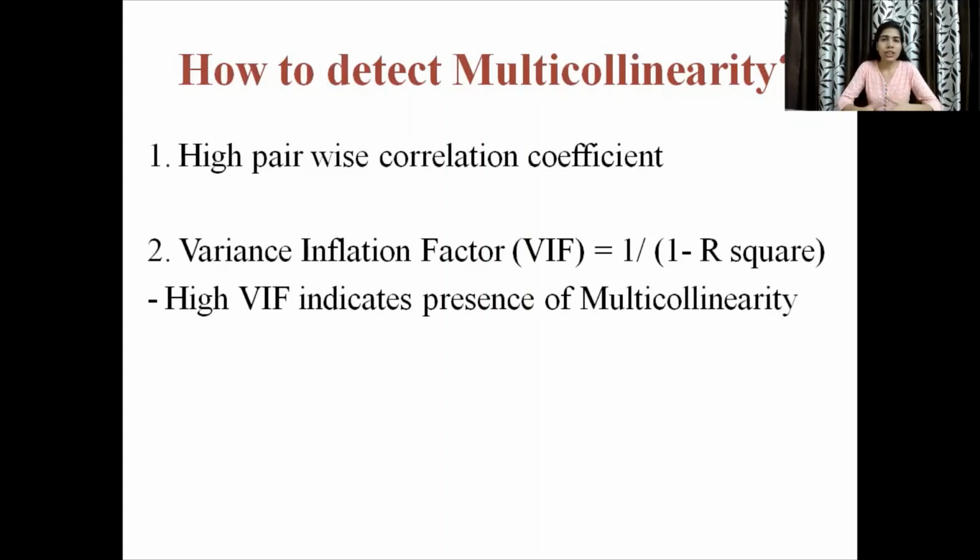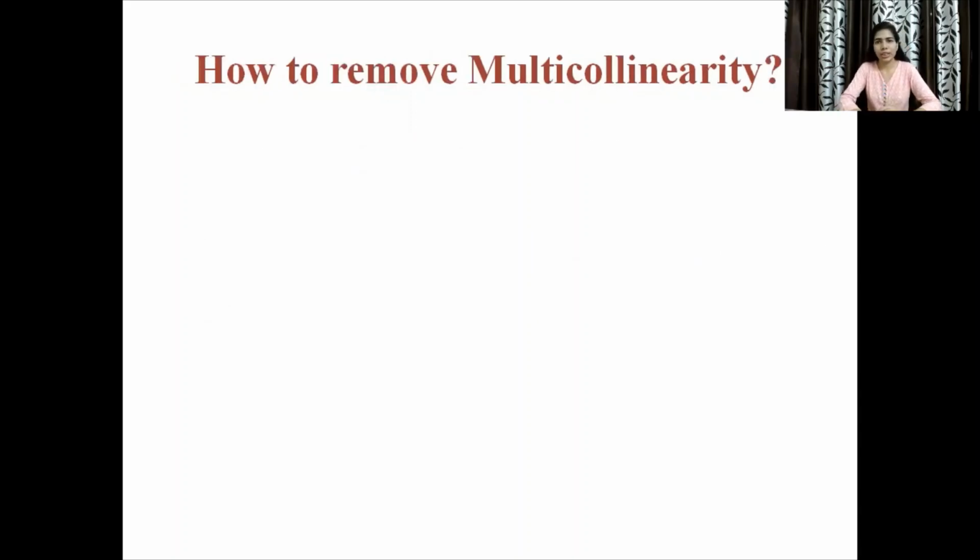So literature states that if the variance inflation factor is very high, in that case, there is a presence of multicollinearity in the model. So once we have detected multicollinearity, the final step is to remove the problem of multicollinearity.